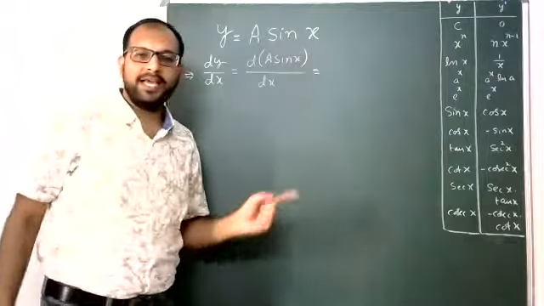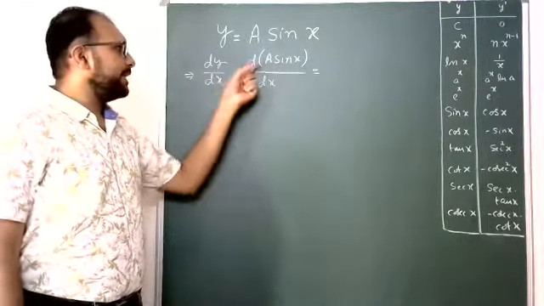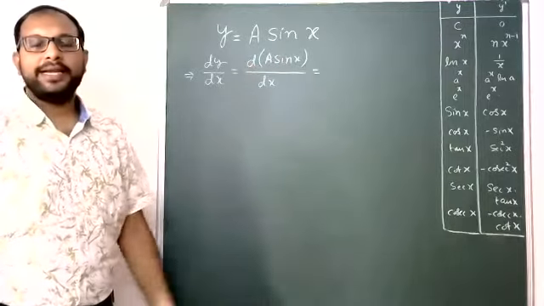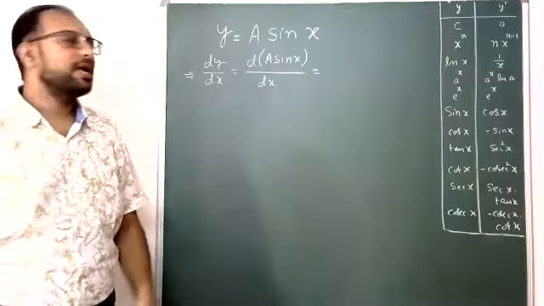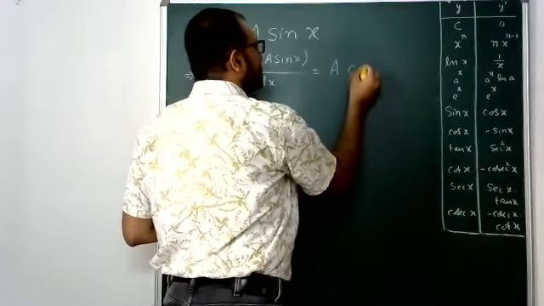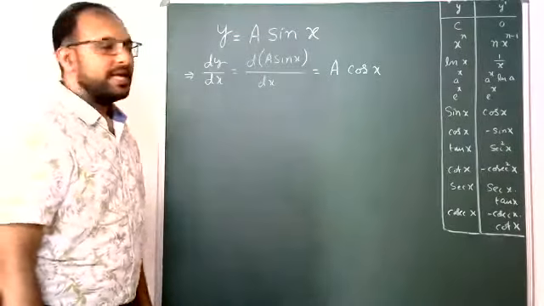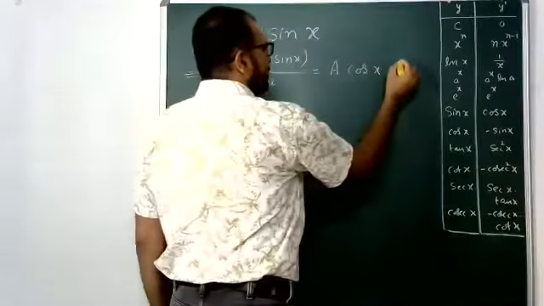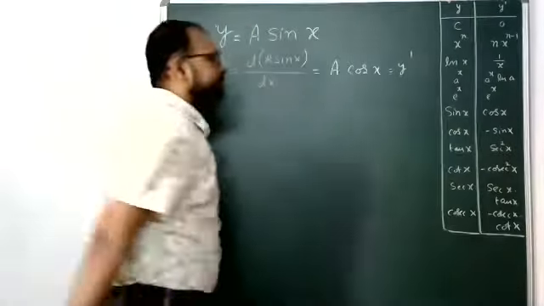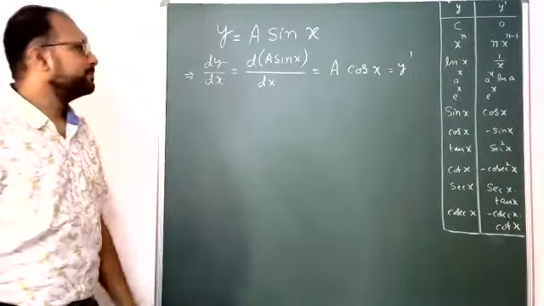Which principle here? Rule number 1: constant outside, derivative of sin x. The derivative of sin x, you know, is cos x. So the answer is a cos x. This is the first derivative.